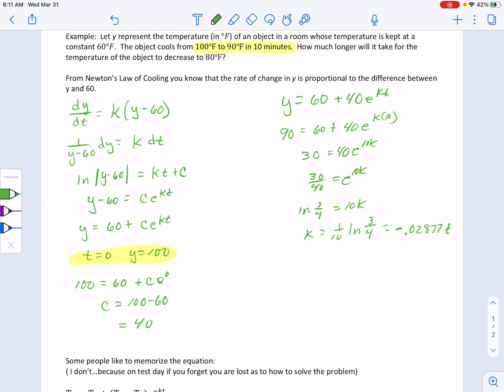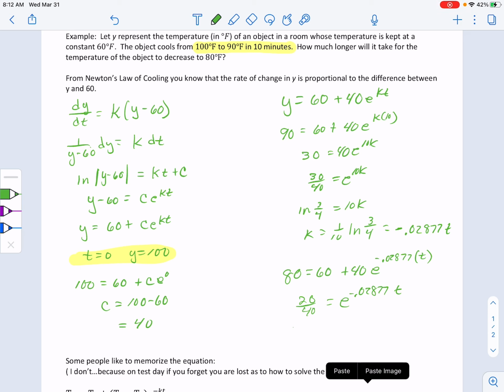And then it says, how much longer will it take for the temperature of the object to reach 80? So you put 80 in here: 80 equals 60 plus 40 e to the negative 0.02877 times t. 80 minus 60 is 20, and you divide by 40. Take the natural log.